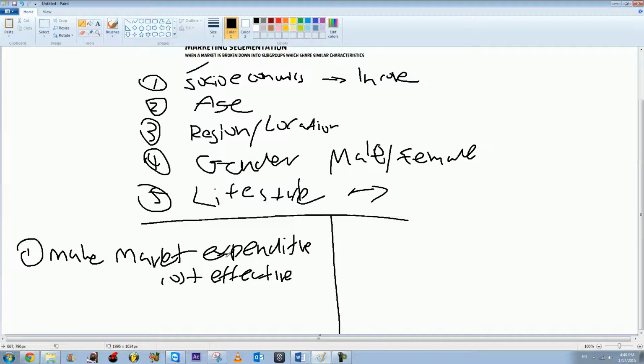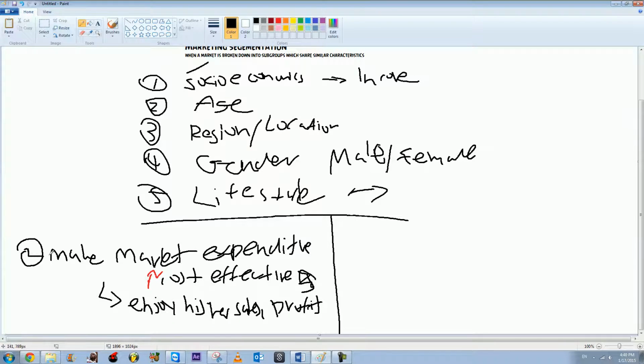If you target everything at one thing, it will be much more effective. And this could lead to higher sales and profits.